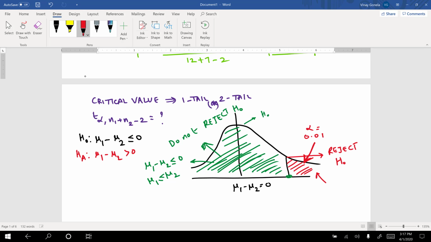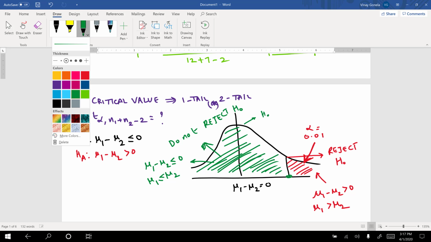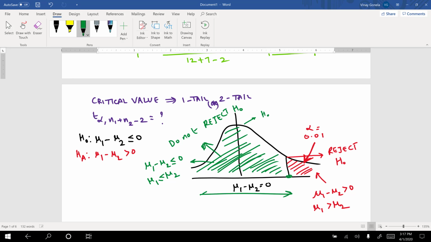In this region mu1 minus mu2 is greater than 0, so mu1 will be greater than mu2. So the manufacturer will have a higher range compared to the competitor. Again this would be 0.99, because this is 0.01.